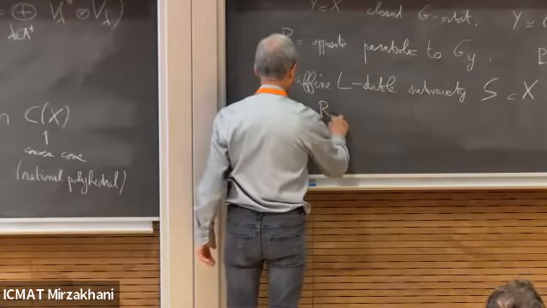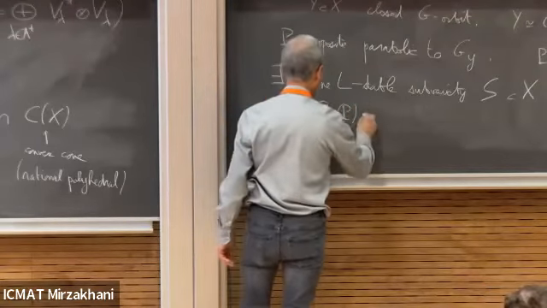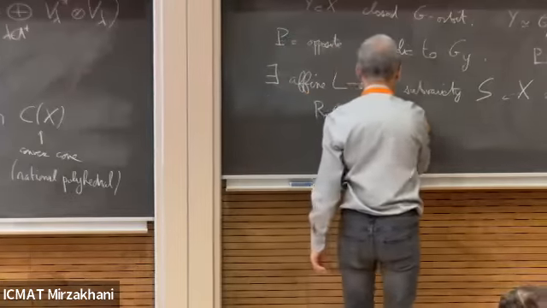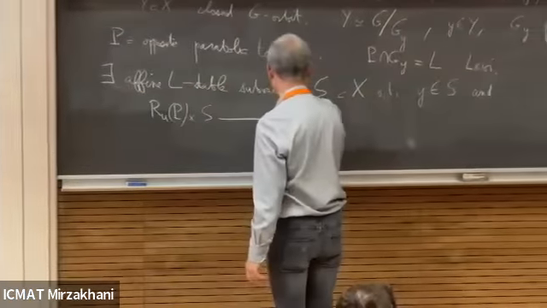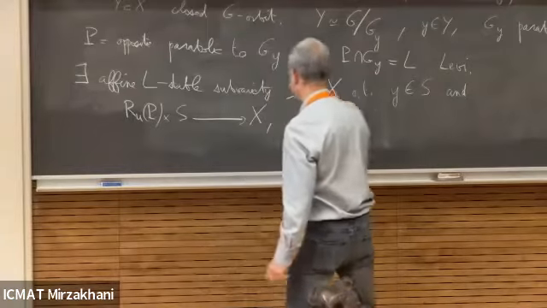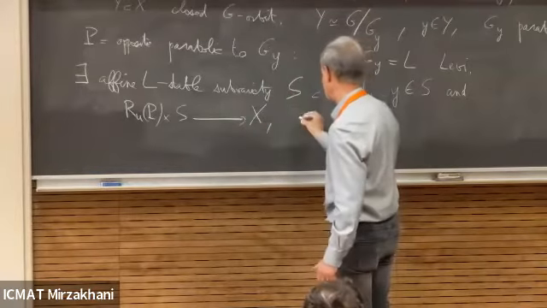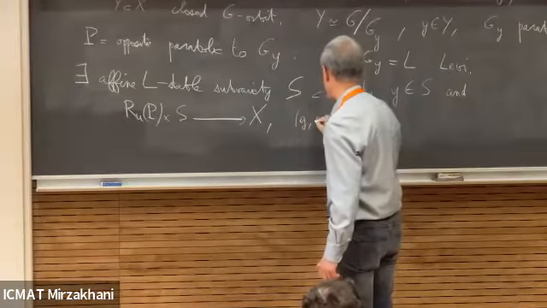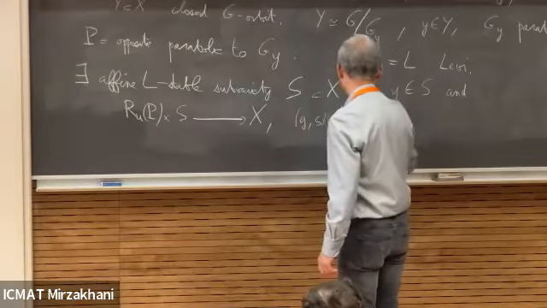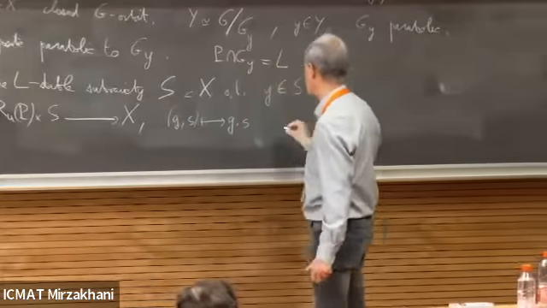You have the unipotent radical of P times S, which is mapped to X. That's just a group action, basically. And this map should be an open map.